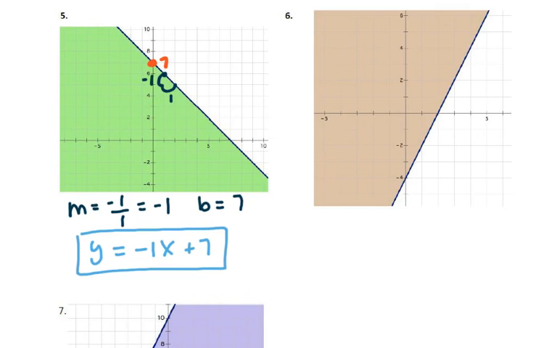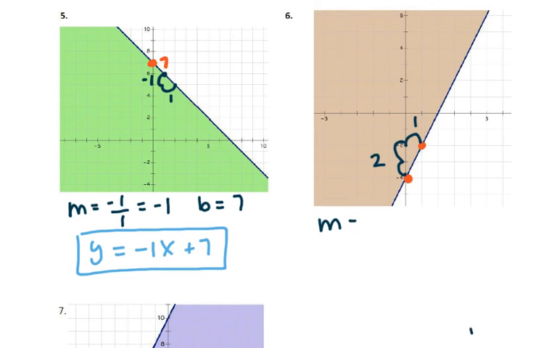All right, on number 6, again, let's start on the y-axis for the y-intercept. This one looks like it's at -4, and then we're going to end up going to the next corner it crosses through, so be careful about picking it. It looks like around here is the next perfect cross through, so that would be up 2 over 1.